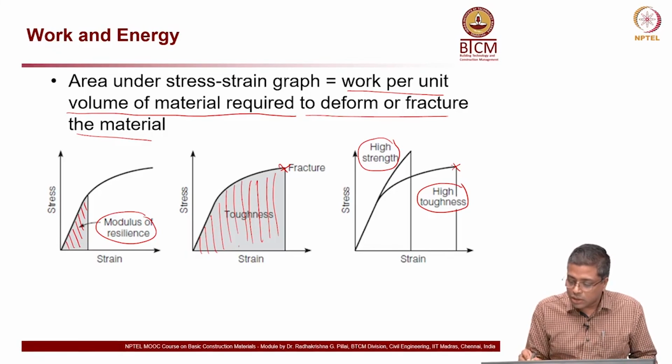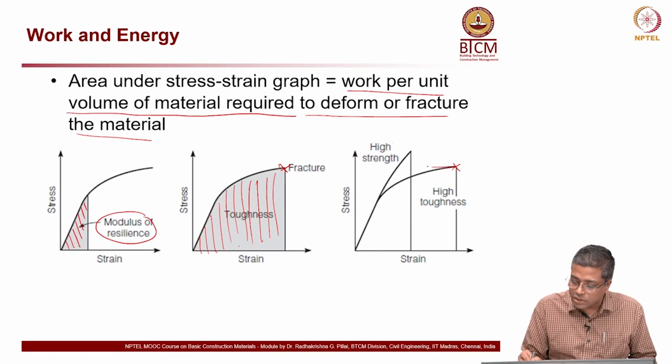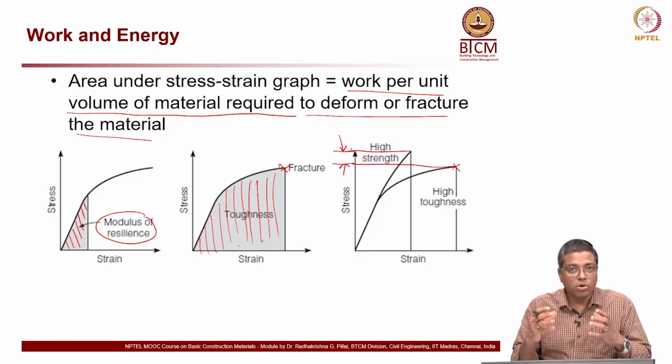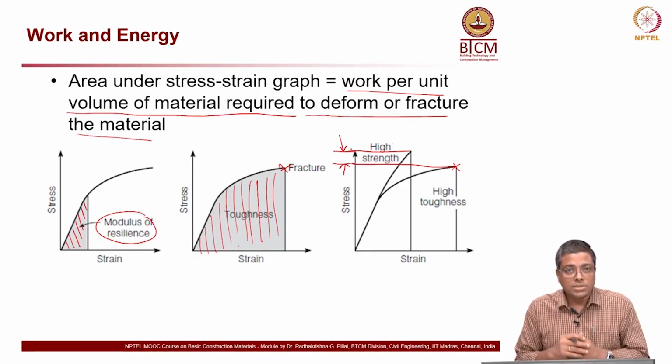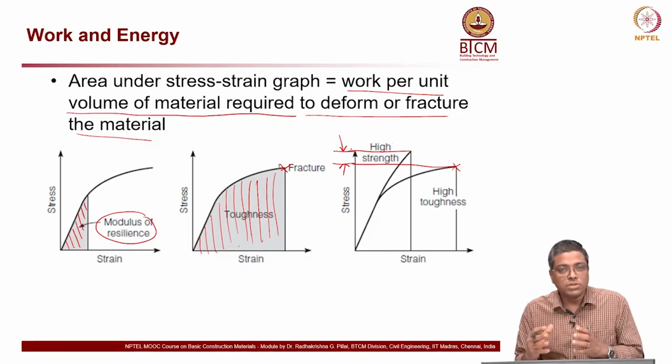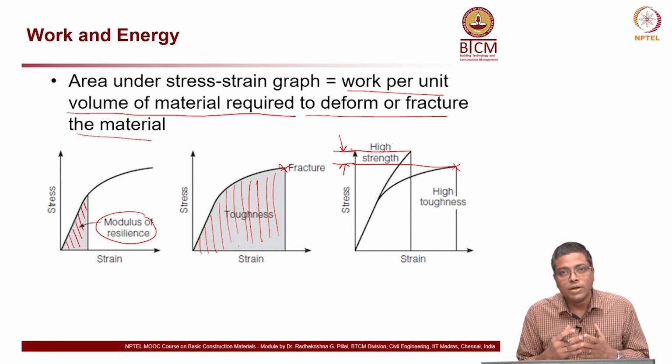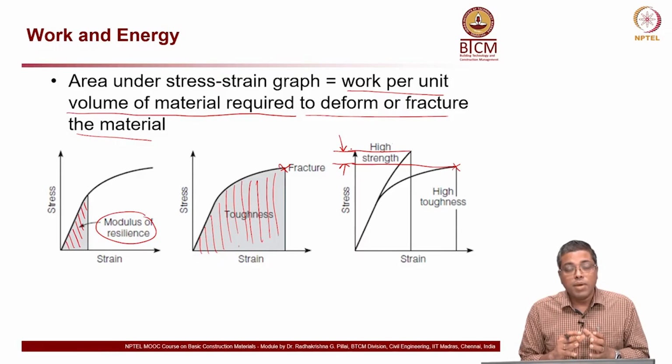So you can look at the second case here where it is high toughness, the strength is less. This is the delta we are talking about here. This much is the difference between the two materials. So even though a material has lower strength, it can still withstand more forces because it has larger toughness. The energy required to break the material may be more in case of a low strength material.